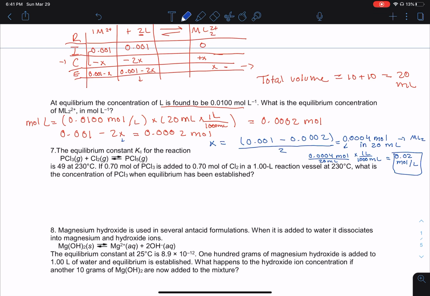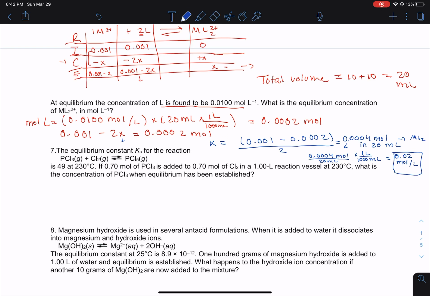So it's saying in number 7, the equilibrium constant Kc for the reaction is 49 at 230 degrees Celsius. What does that mean for us? What we're trying to figure out is the concentration of PCl3 when equilibrium has been established.